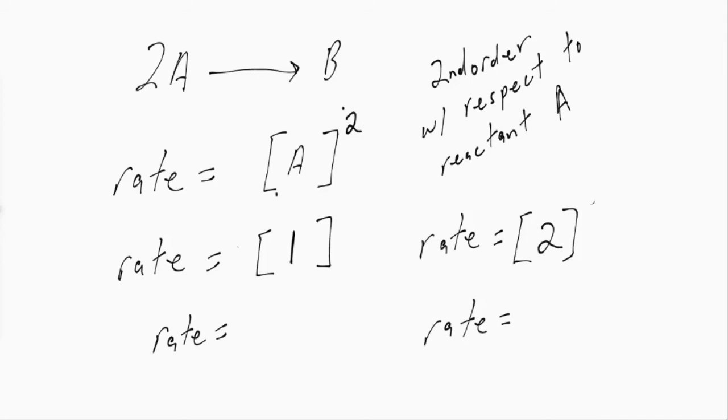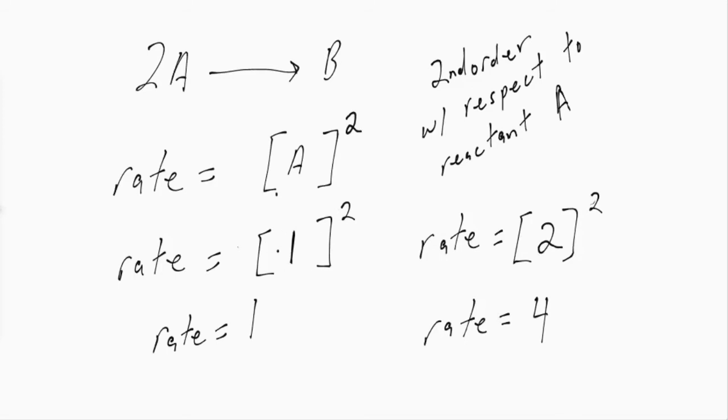So it's either going to be 0 order, first order, or second order. So if it's second order, we can run through this little test again, and we can say that 1 squared is 1, 2 squared is 4. So notice that we've quadrupled the rate when we double the concentration.